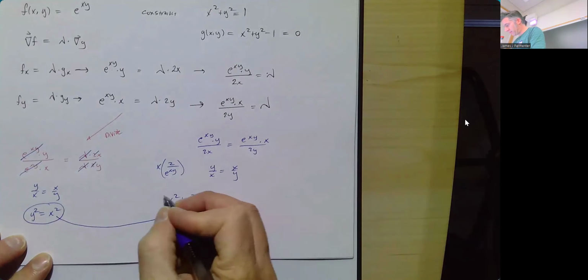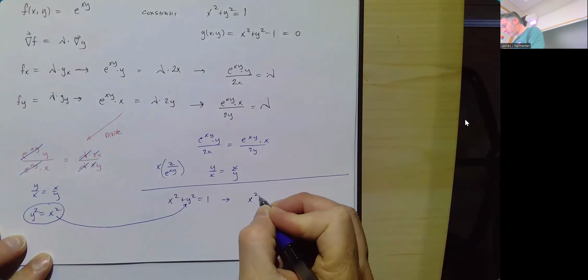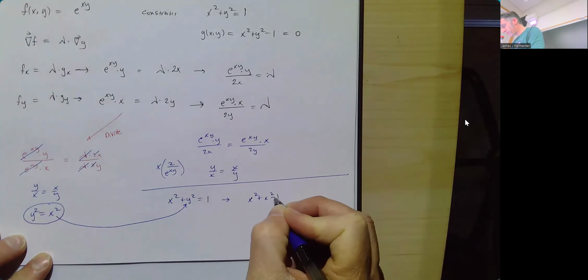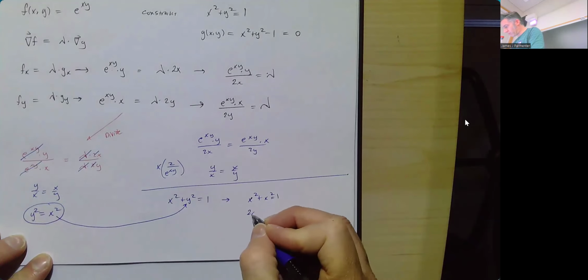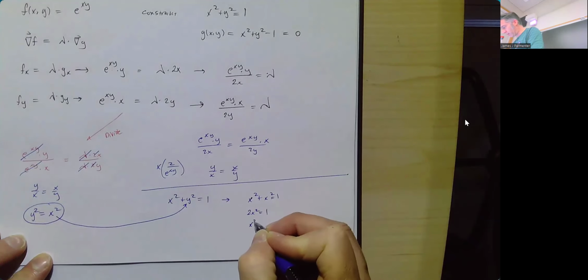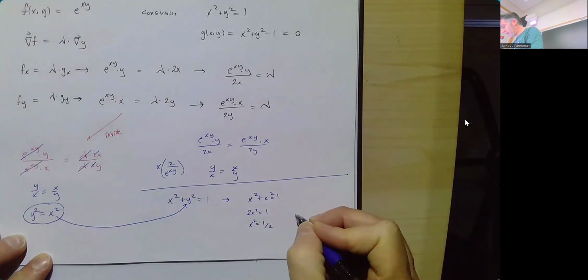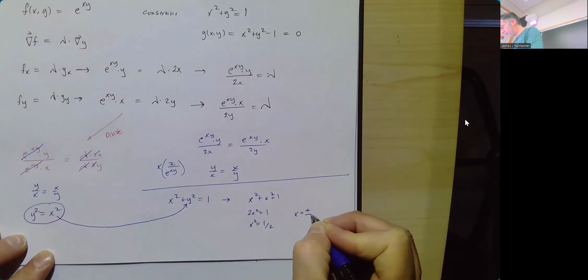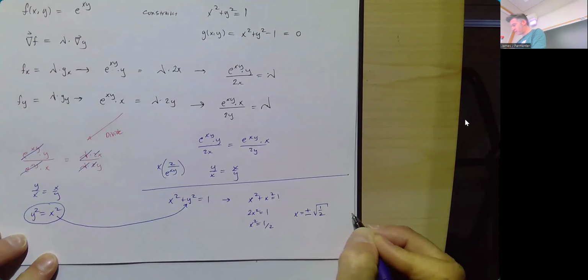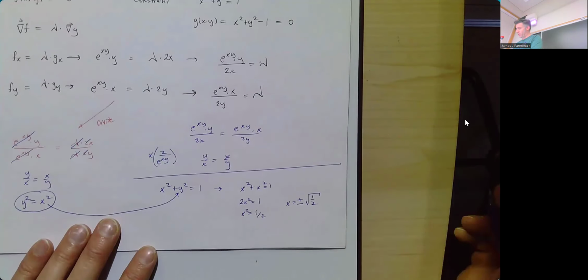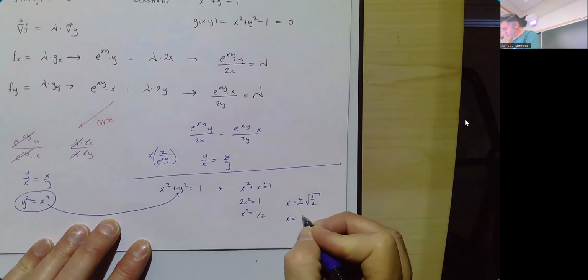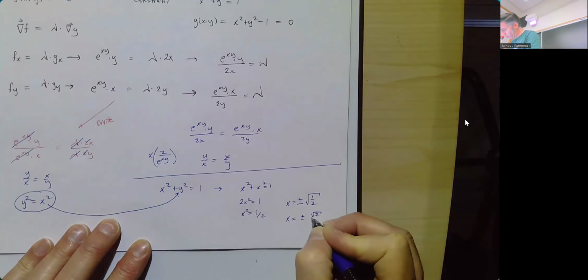So I get x squared plus x squared equal to 1. So 2x squared equals 1, x squared equals 1/2, x equals plus or minus the square root of 1/2, which you would probably want to rationalize as plus or minus 1 over root 2, or plus or minus root 2 over 2.